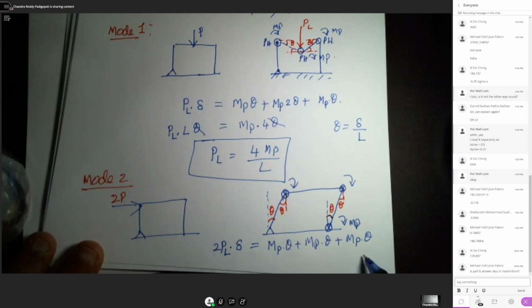Again, the relationship is theta equals delta over L, so delta can be replaced with L into theta.